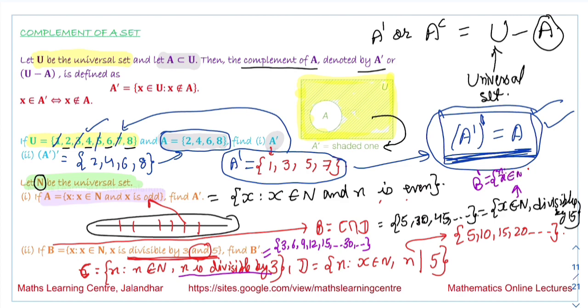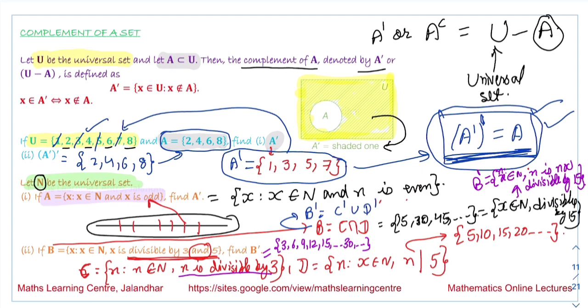We are saying those x is a natural number and x is not divisible by 15. So this is the complement of this set. This question can also be solved using De Morgan's theorem, which we will study later on, which says that B complement is equal to C complement union D complement.